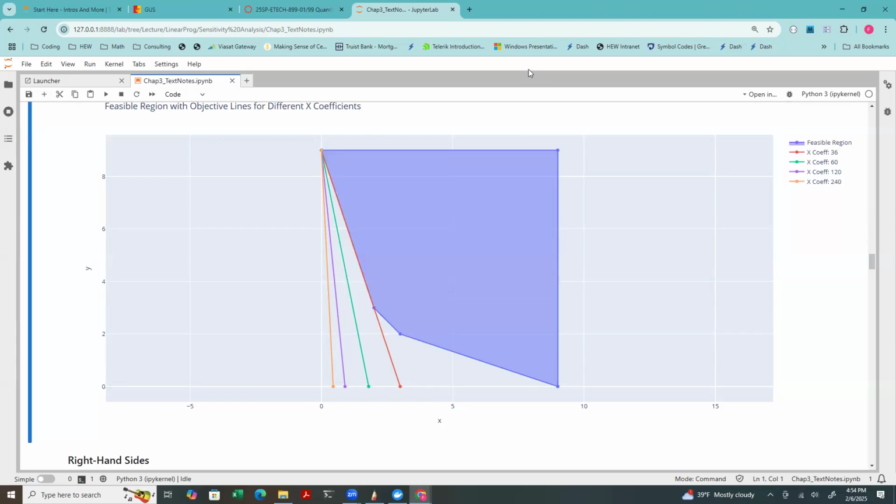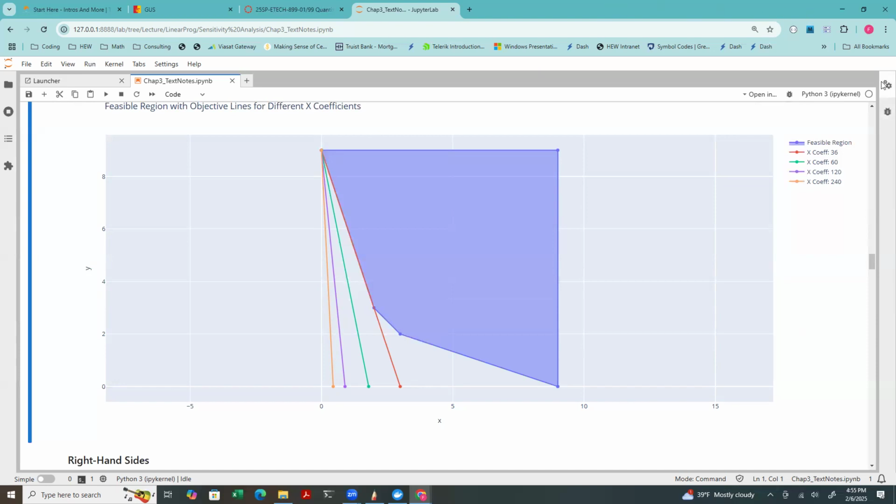We'll come back to the objective function in just a little bit, but now we'll move down to the constraints section, which, as you can see, is hiding at the very bottom of the slides. Specifically, we're going to be looking at the right-hand sides of the constraints.